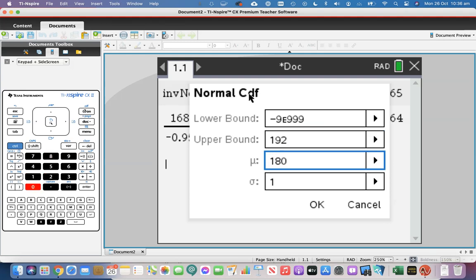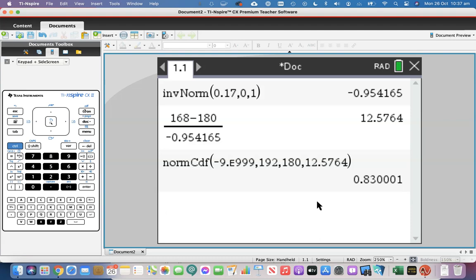Mu is 180, that's the mean, so we're given that in the question. And sigma is 12.5764 as we worked out. This is why we worked out sigma, so that we can fill this out. And we're told that it's 0.83. The 0.0001 is not worth considering, so it's 0.83.